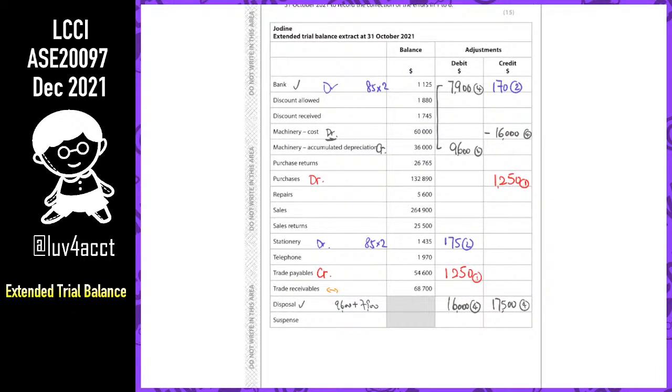Let me erase other things first. Let us use green for this. Telephone, debit side, and repairs, debit side, both are expenses.